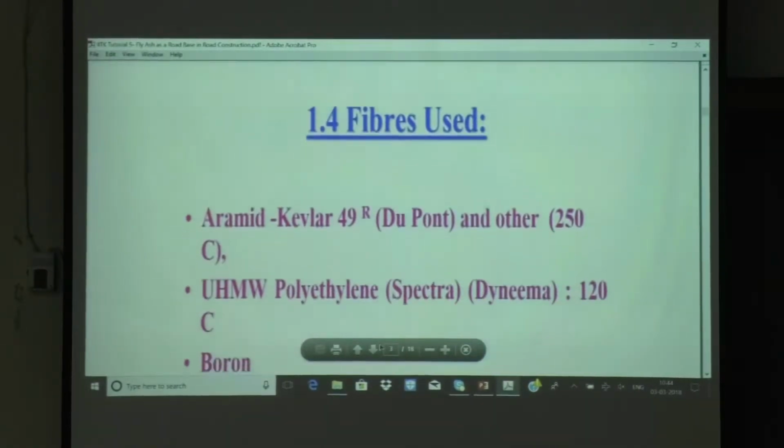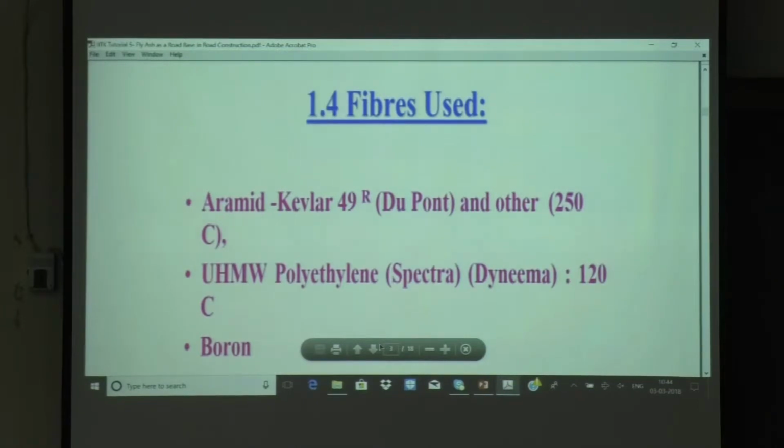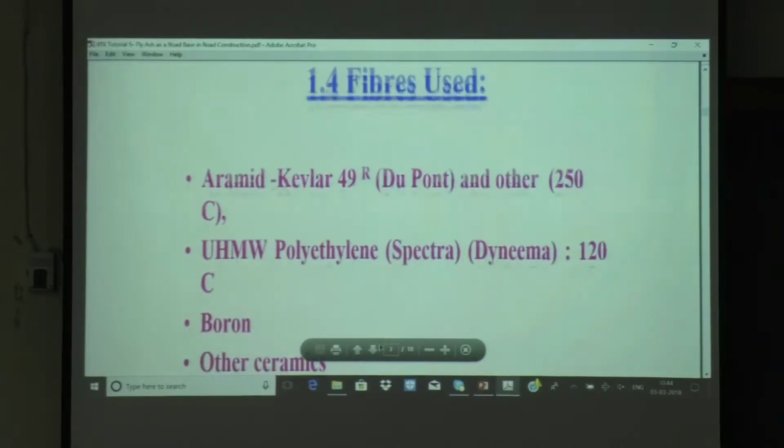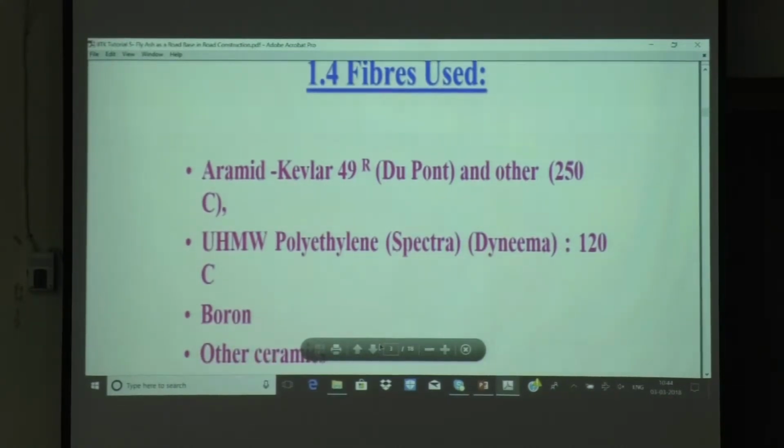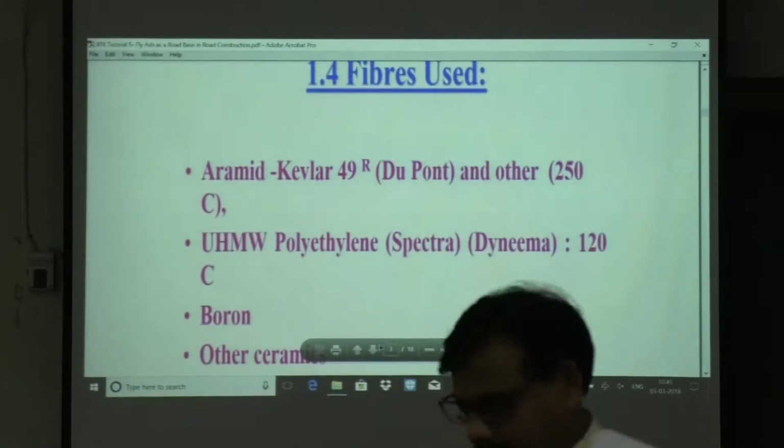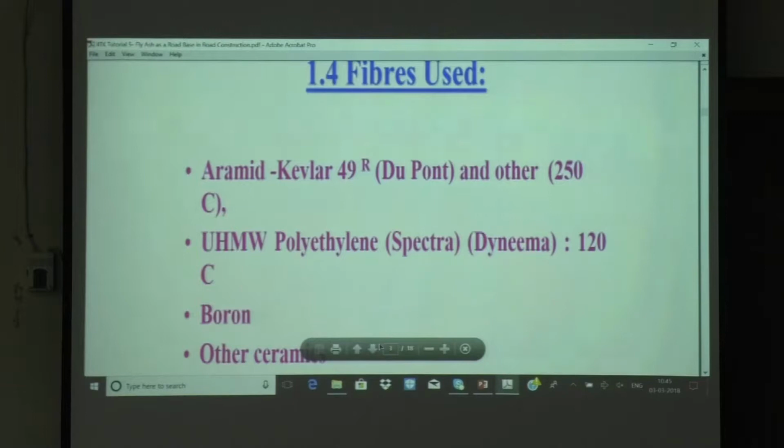Now, when you talk about composites, a range of fibers are used, for example aramid, which is Kevlar, a plastic, with a molecular melting temperature of about 250 degrees C. Then you can also have ultra high molecular weight polyethylene, known as Spectra or Dyneema.